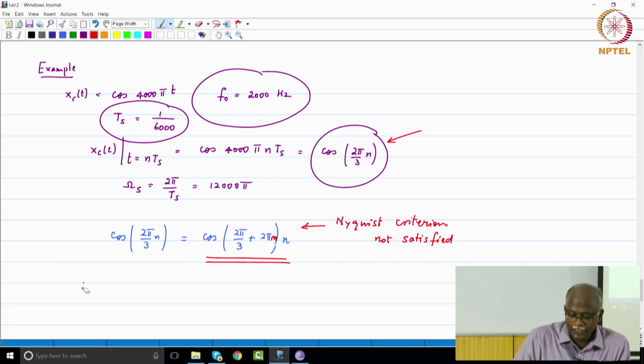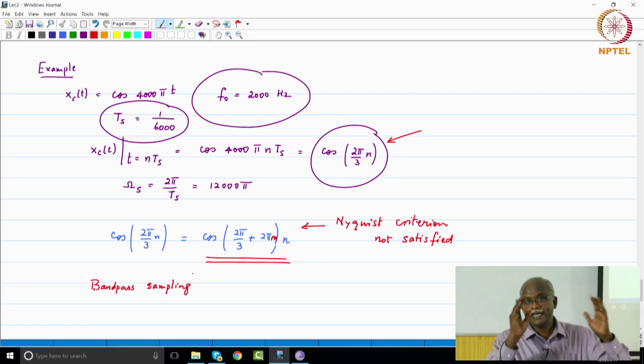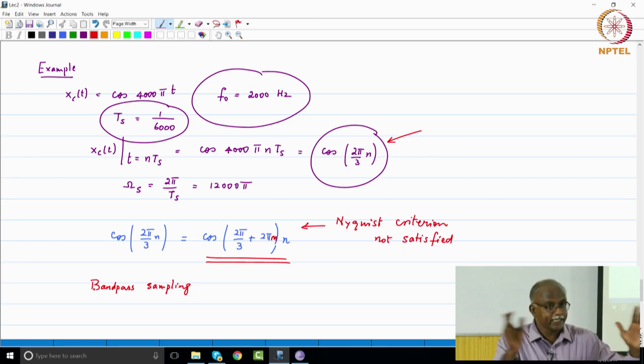This actually turns out to be one of the multirate techniques that we will take advantage of. You probably know it by the name bandpass sampling. Bandpass sampling is another flavor of a multirate technique, which does two things. You create samples of a signal without aliasing, without overlap of images.